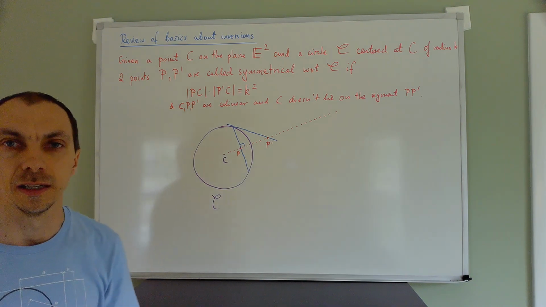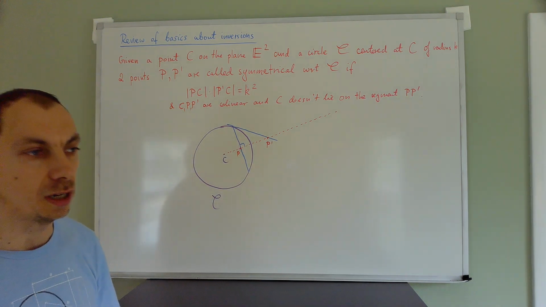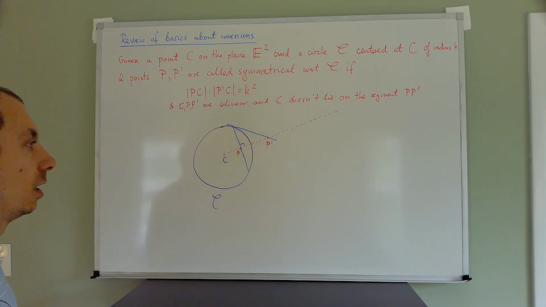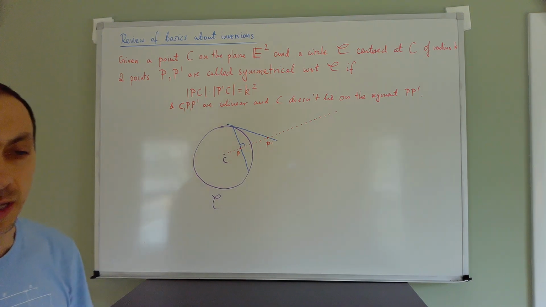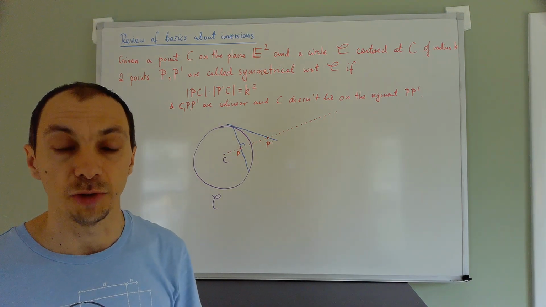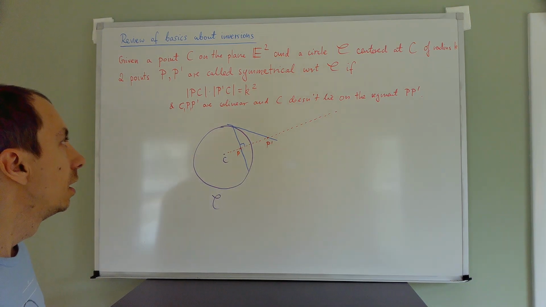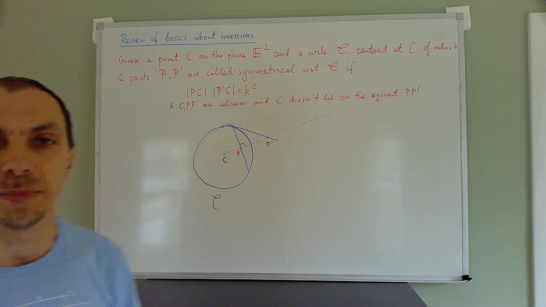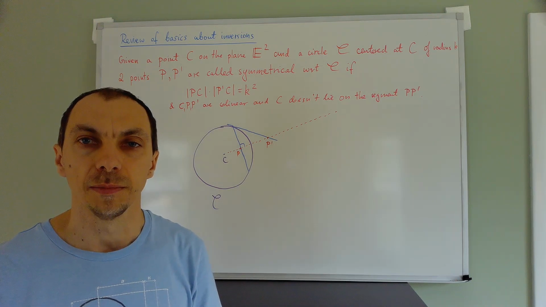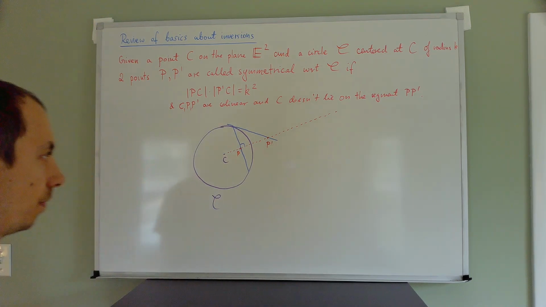Where exactly on this ray P prime will lie is given by this condition here: if I take the distance between C and P and multiply it by the distance between C and P prime, you get exactly the radius squared. This can be nicely rephrased by saying that the radius is the geometric mean between these two distances.